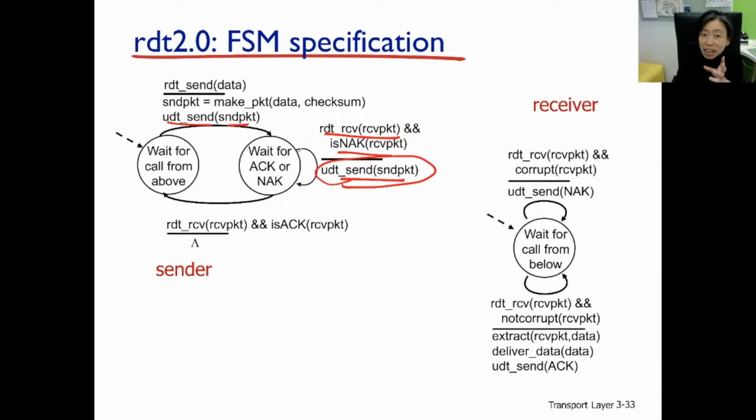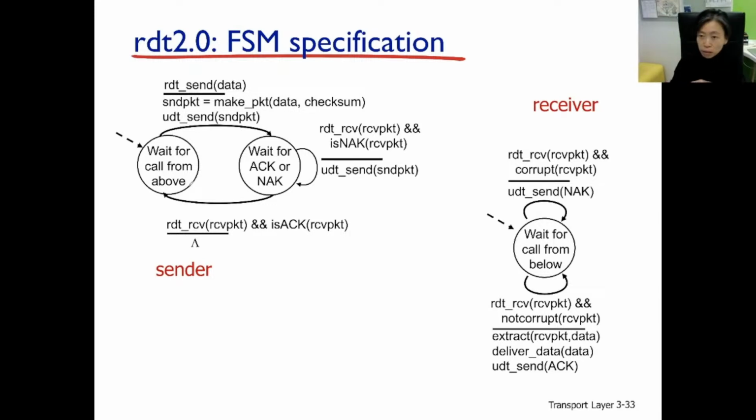Now, what's a bit interesting is this. When we're at the wait for ACK or NAK state, when we receive a negative feedback, we actually come back here again to wait for feedback. So hopefully the next one is going to be an acknowledgement, and therefore we can leave the waiting for feedback state. So that was the sender side of RDT 2.0, the finite state machine.